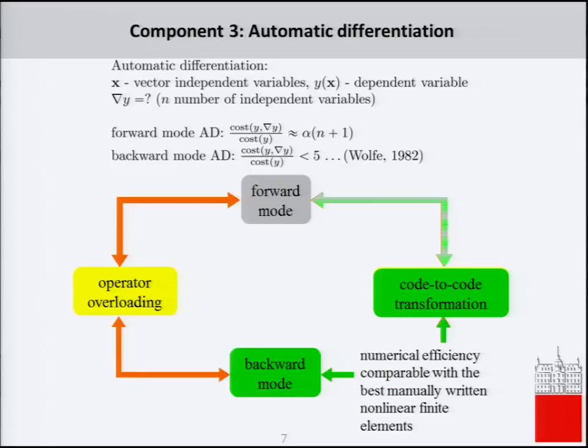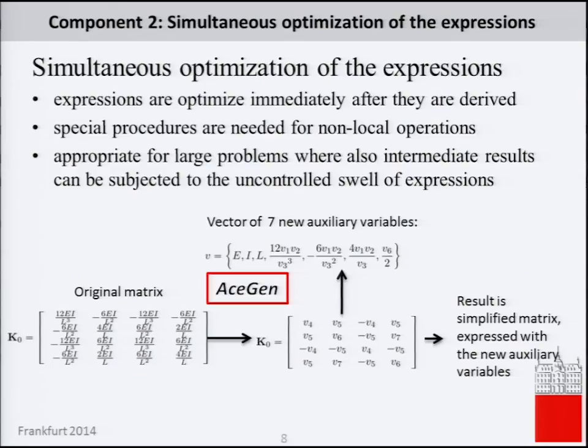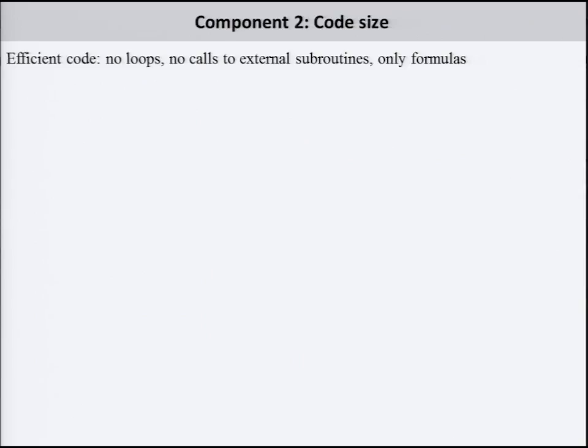So if you want to make codes that are comparable with manually written codes, this is the combination that has to be taken: backward mode combined with code-to-code transformation, not some kind of operator overloading. I do simultaneous optimization of expressions by introducing auxiliary variables.